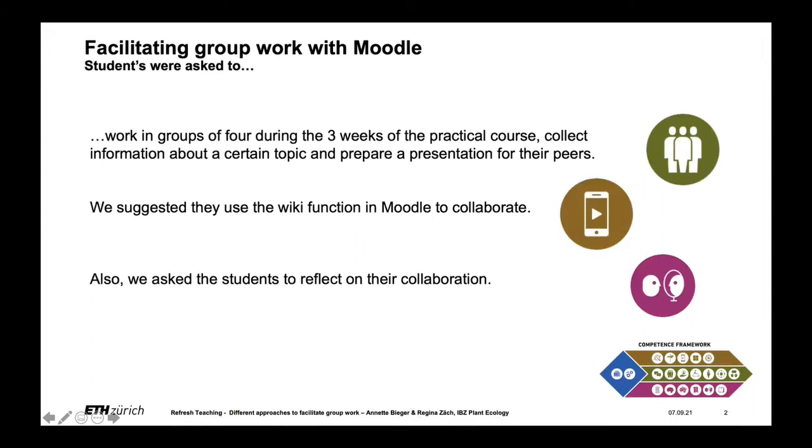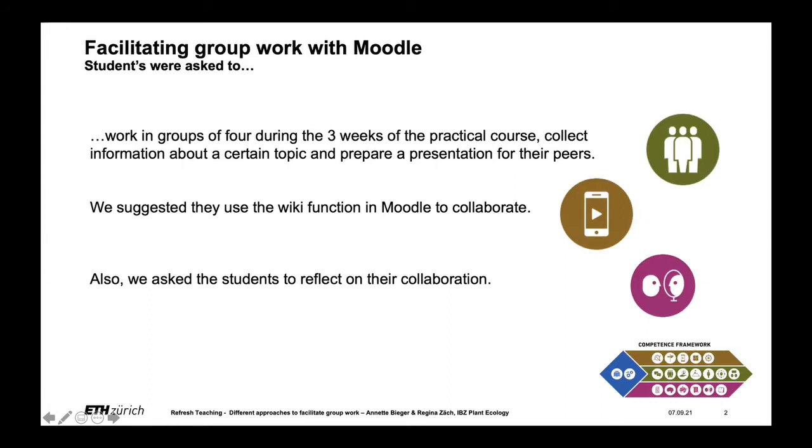We asked them to do a group work of 4 people during the 3 weeks of the course, collect information about a certain topic, and then prepare a presentation of about 10 minutes for their peers. We also wanted them to use the Moodle function, the wiki, to collaborate, because we ourselves used it in a course, and we thought it was really cool to be able to actually create the wiki and also to share knowledge with it.